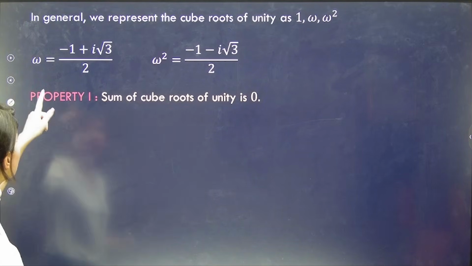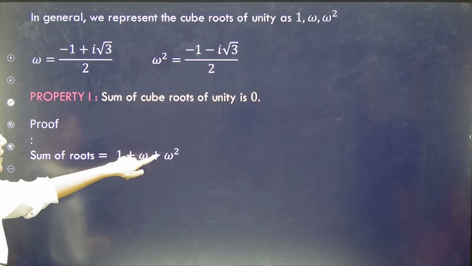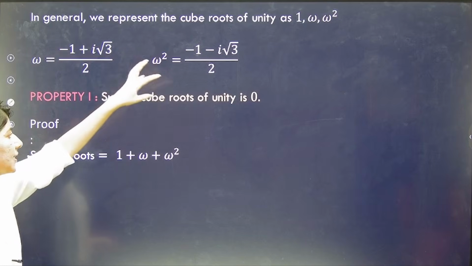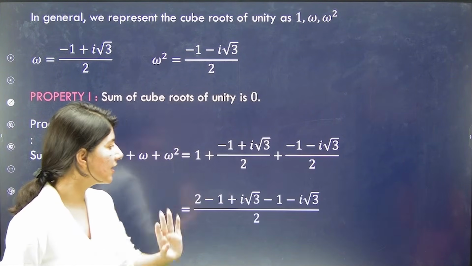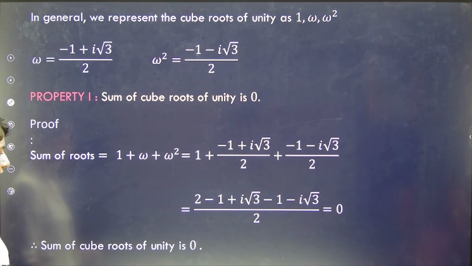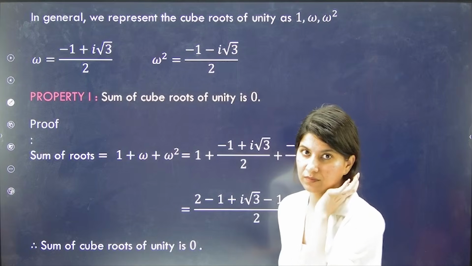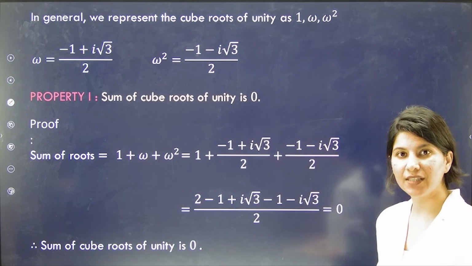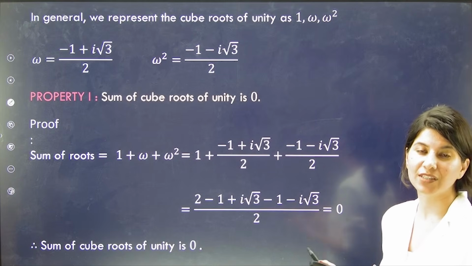So if you add 1, omega and omega square, 1 plus omega plus omega square, you will get a clear-cut 0. So the sum of cube roots of unity becomes 0. By theory of equations also, it suggests that the sum of roots of this equation is 0.